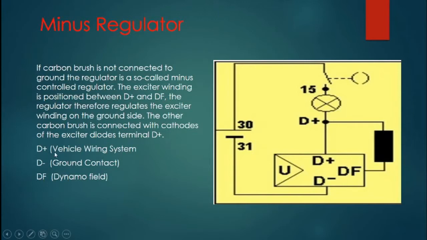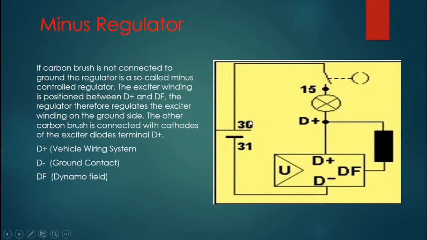So D plus is the vehicle wiring system, D minus is the ground contact, and DF is the dynamo field. On the generator it is also written as W. W means frequency. U means a unit, so this is a complete regulator unit. The regulator unit has three corners: D plus, DF and D minus.